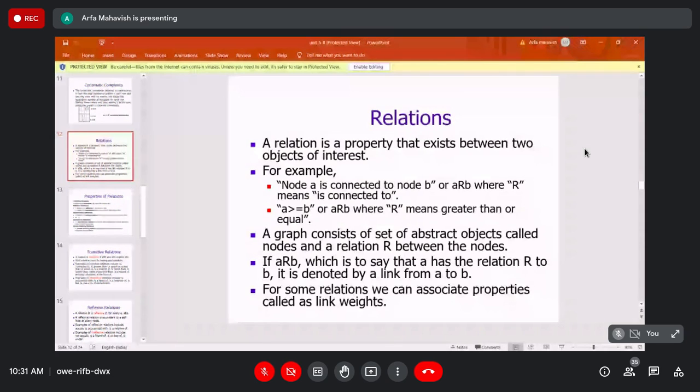For example, look at my cursor. This is node A and this is node B, and this node is traveling. So this relationship will be represented as A R B, where we write R over there.